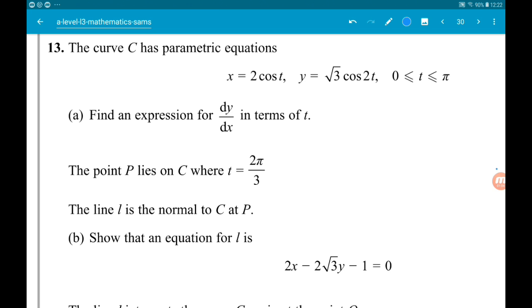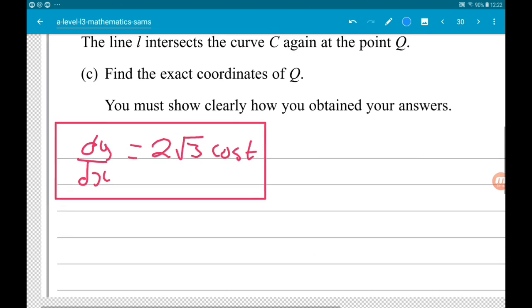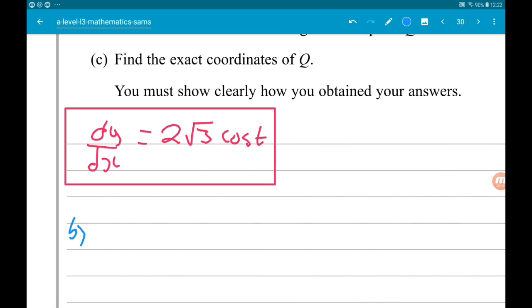So, remember that we've worked out dy by dx, that is the gradient of the curve. So, the first thing I'm going to find is the gradient of C at B. So, I'm just going to call this M C at B. To get that, we shove in t equals 2 pi over 3 into our derivative.